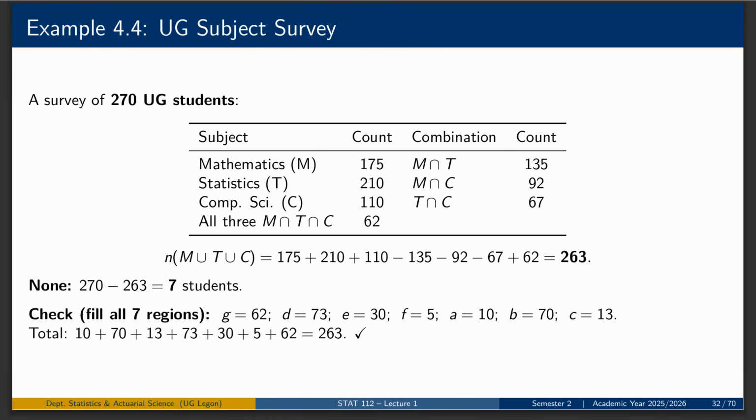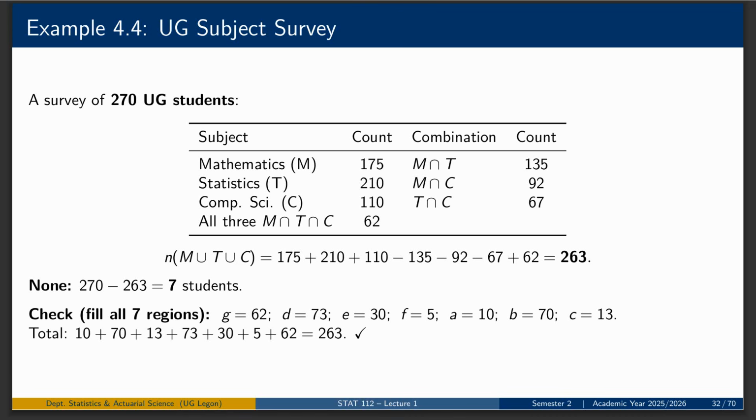So an example is a UG subject survey. So 270 UG students, mathematics count 175, statistics, computer science 110, all 3 62. Those doing mathematics and statistics 135, mathematics and computer science 92, and so forth.